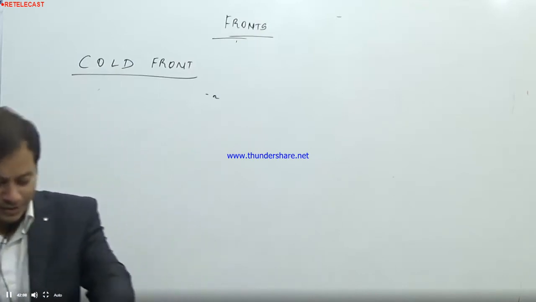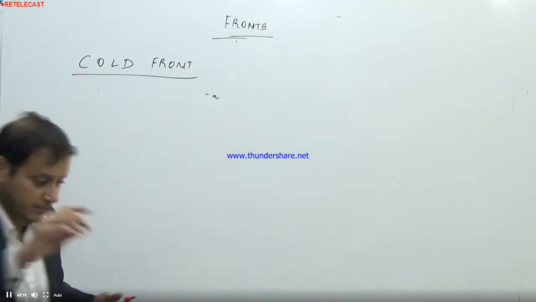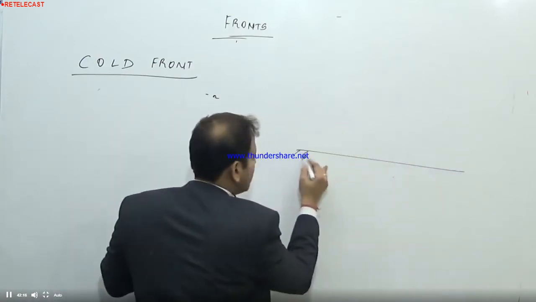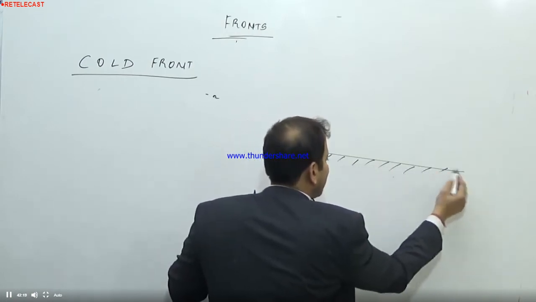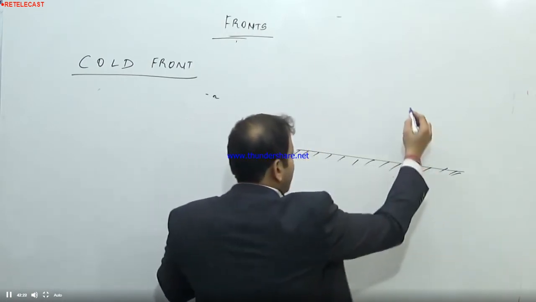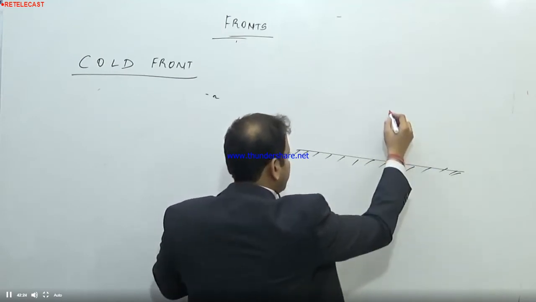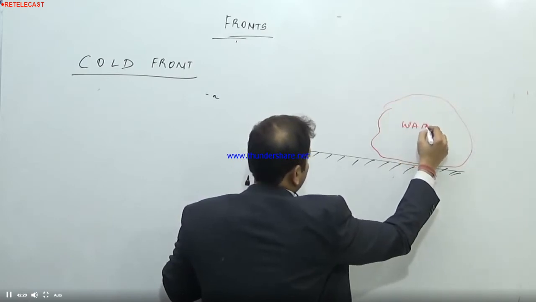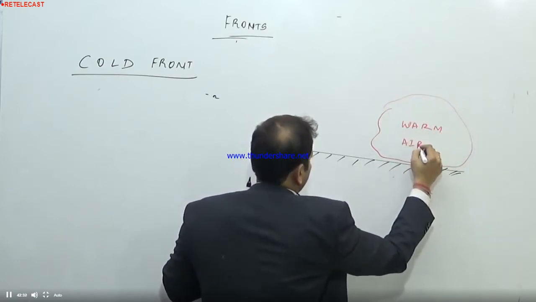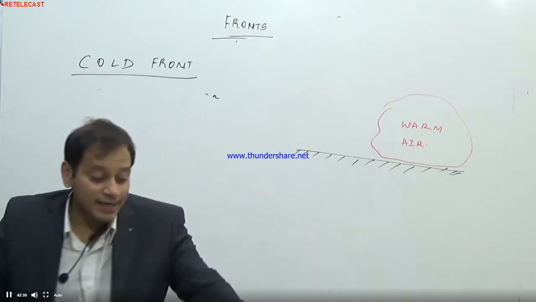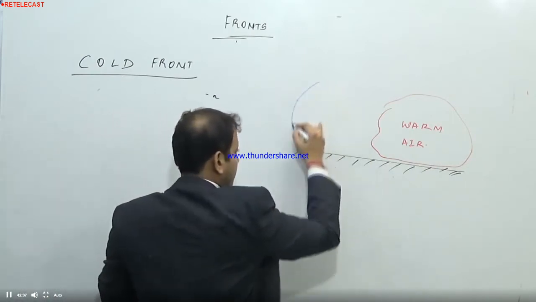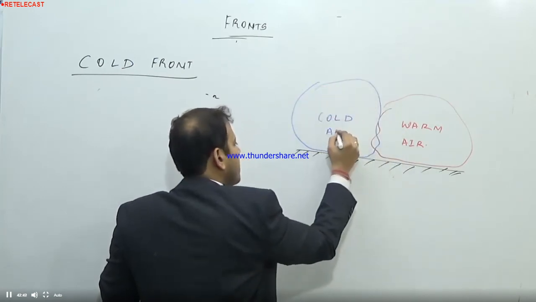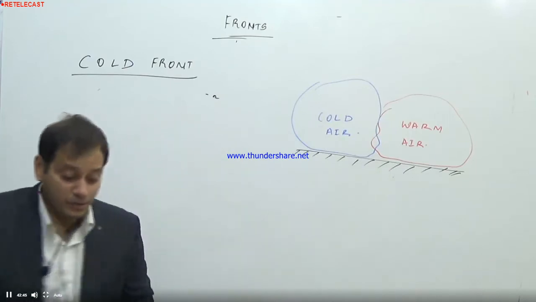In the area where the cold air is active, we will see what happens. If this is a ground surface, and this is an area where there is a warm air, and its territory is invaded by the cold air.